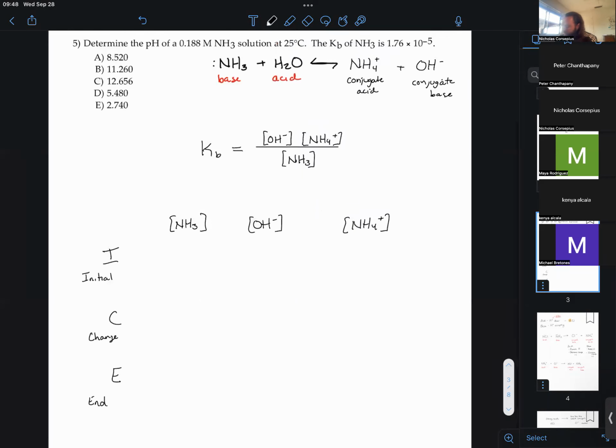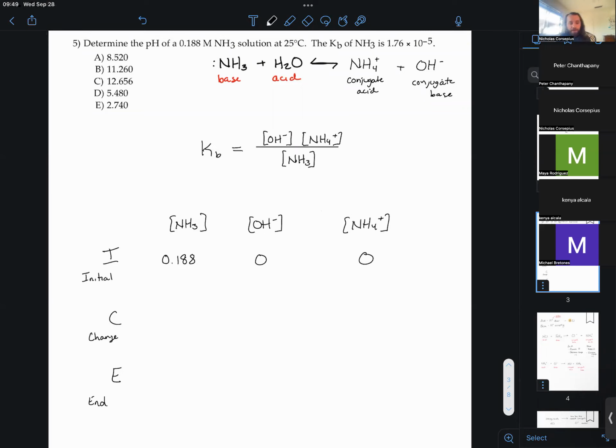So my initial concentration of my ammonia is 0.188 molar. And I don't start out with any hydroxide ion or ammonium ion in solution. Right? That's the whole idea, is I'm dropping this ammonia into solution and I'm watching what happens when it reacts with water.